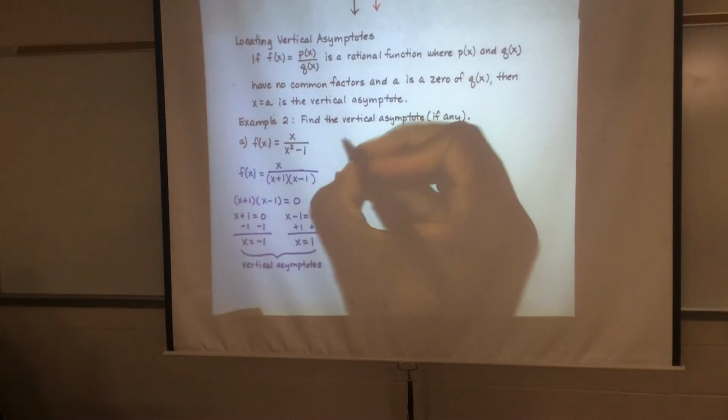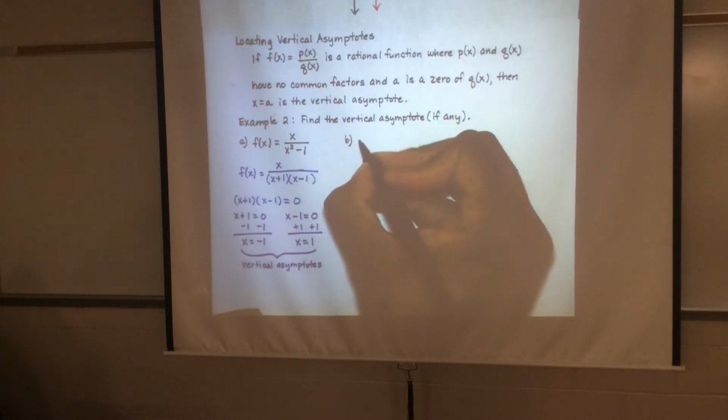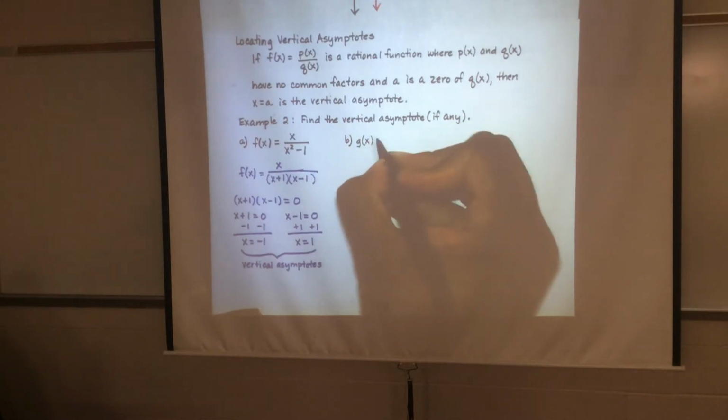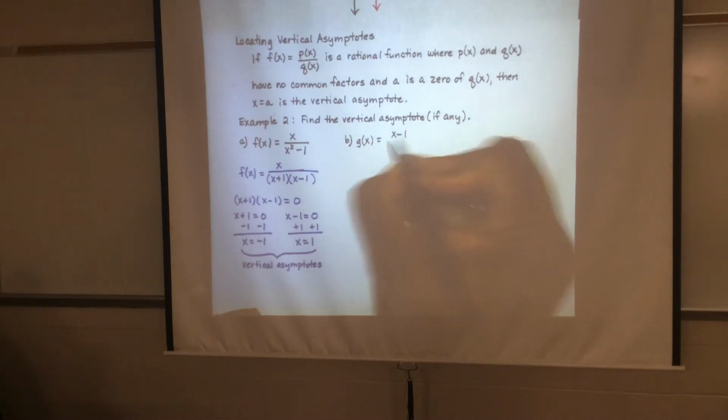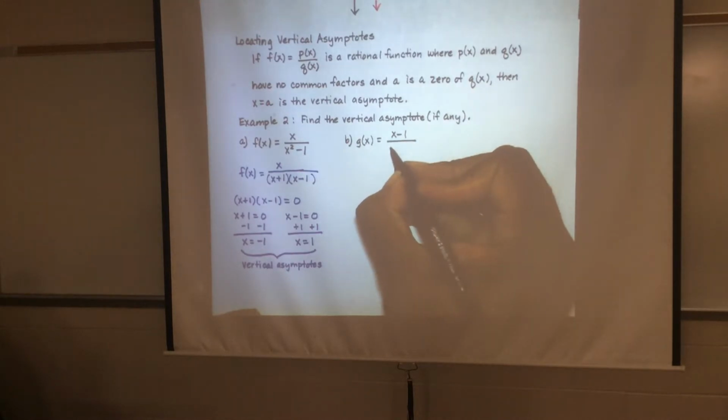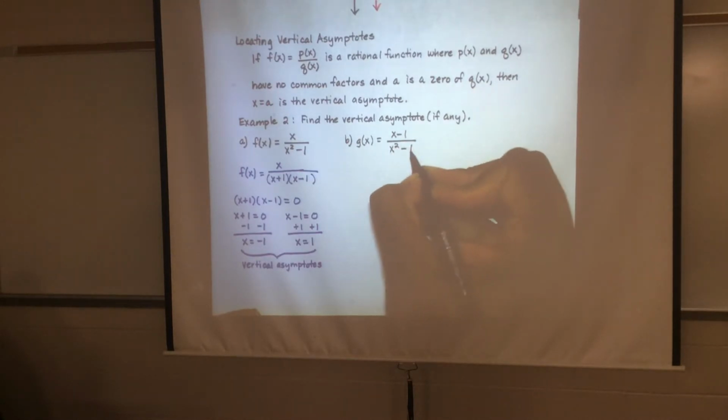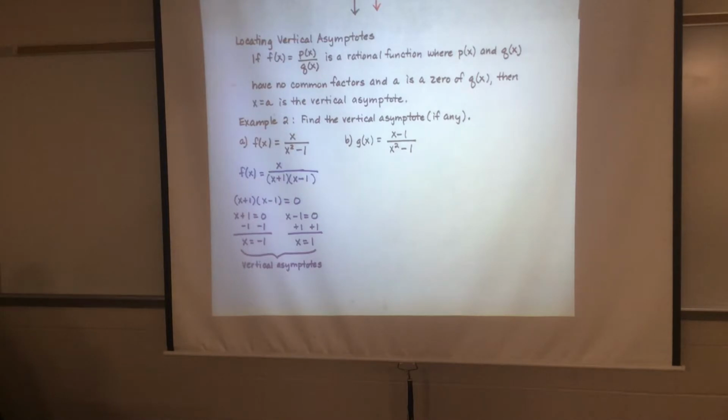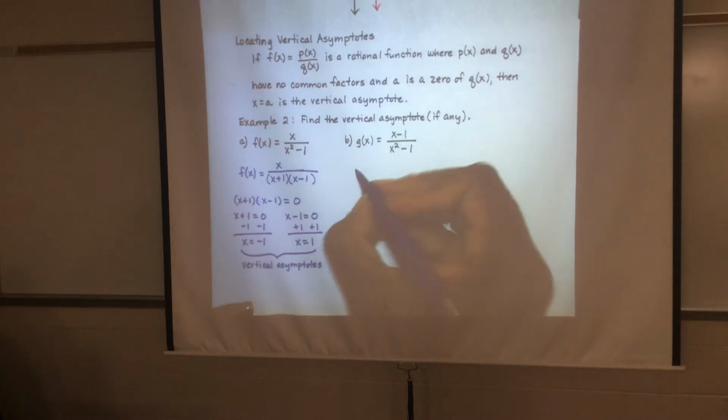Part B. Let's say that g of x is equal to x minus 1 divided by x squared minus 1, and I want to find the vertical asymptote for that, if there is one. Okay, let's see if I can factor the numerator and the denominator out.